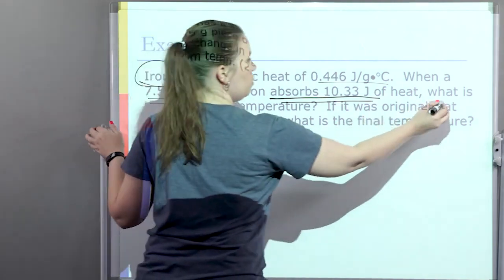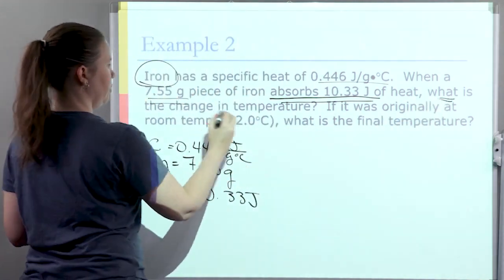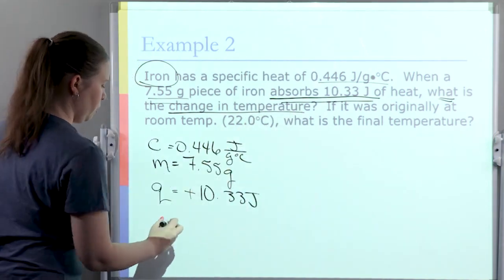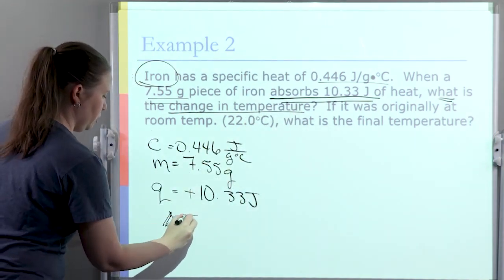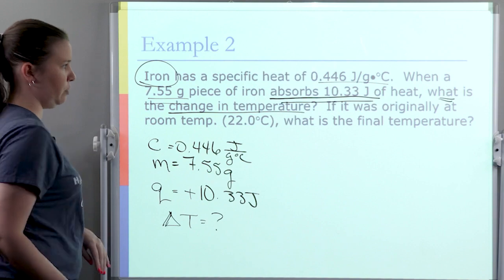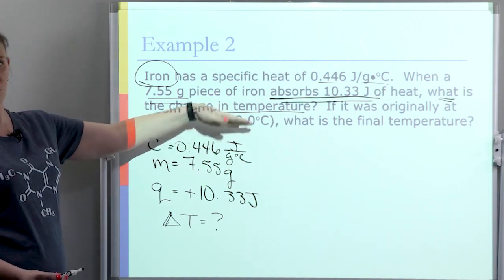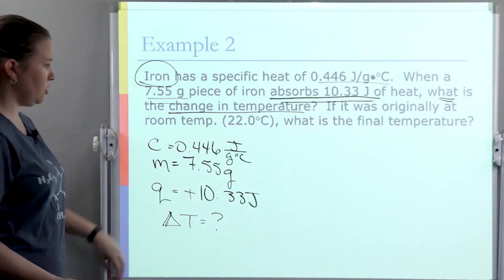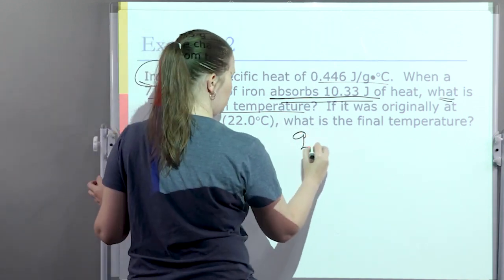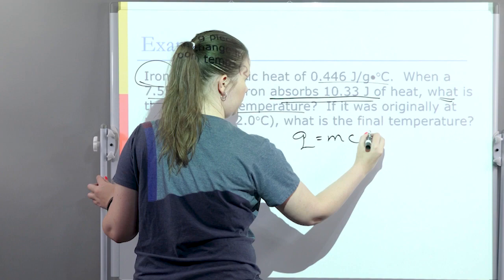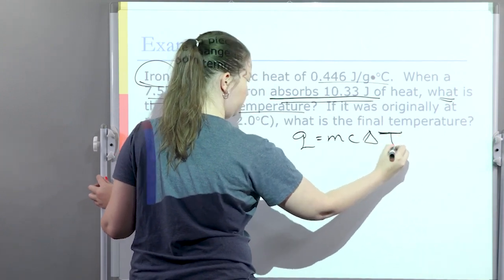Now we're looking for what is the change in temperature. So that means I'm solving for delta T. That is my question mark. And then the next sentence actually gives me one temperature and asks for the other. So let's take this one step at a time though. First, Q equals MC delta T, always writing down the formula.